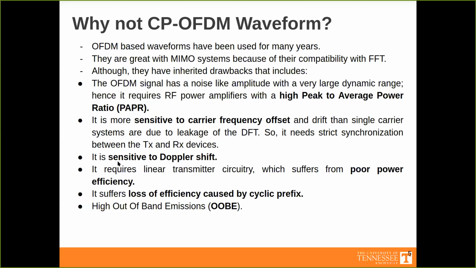It is sensitive to Doppler shifts, and it requires linear transmission circuitry, which reduces the power efficiency. It also suffers from a loss of efficiency caused by the cyclic prefix, and, as we said, it has a lot of out-of-band emissions. So a lot of new waveforms have been suggested to reduce or fix some of these limitations.